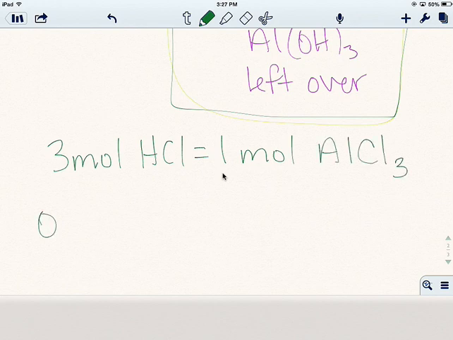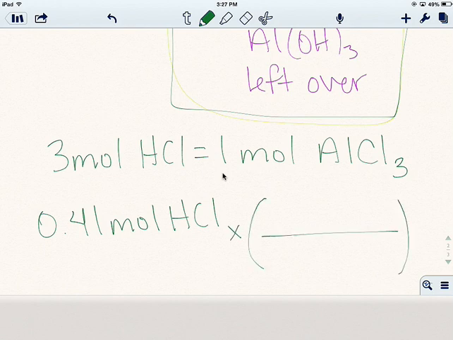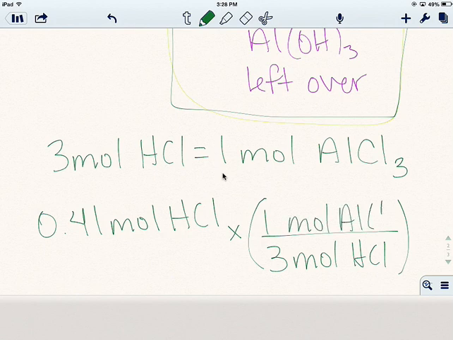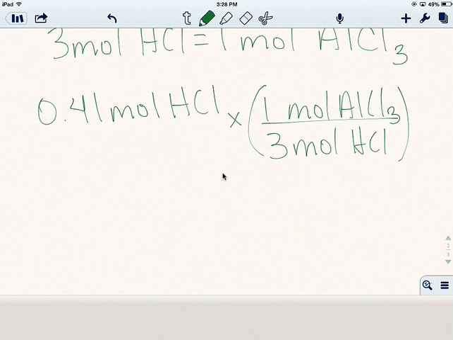I'm starting with 0.41 moles of hydrochloric acid. That's my limiting reactant. And I use my mole ratio. So we get 3 moles HCl down here, 1 mole AlCl3 on top. You do your math, and we come up with 0.137.